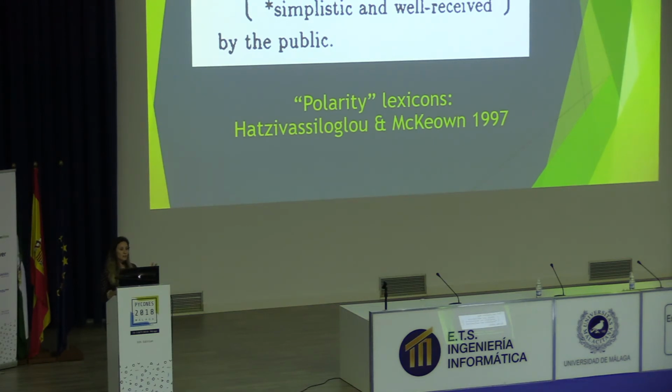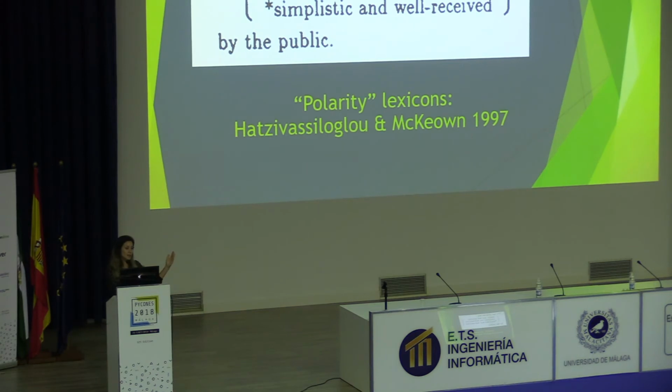You have words in a text, and you find coordination, as in "and", or disjunction, as in "but". If you have words joined by coordination, you will consider them to be in the same block. Like, for instance, in this case, simple and well-received, it will consider to be in the same block.